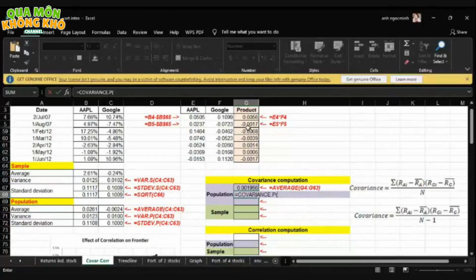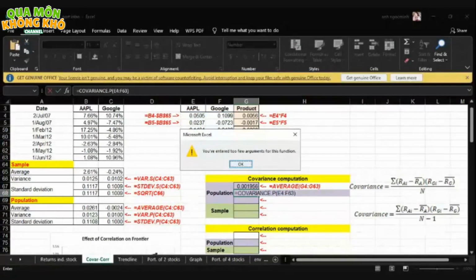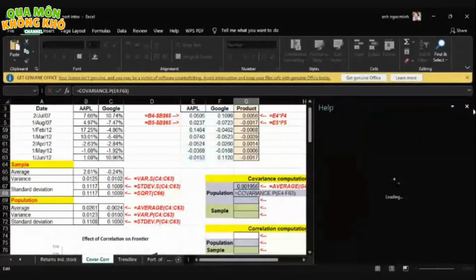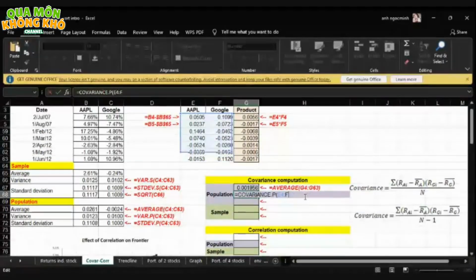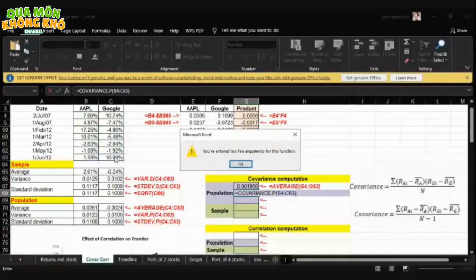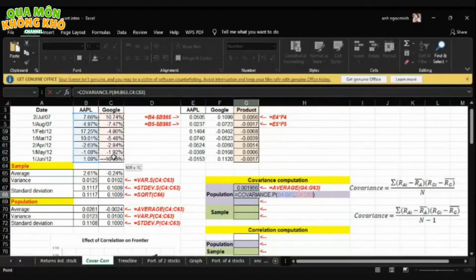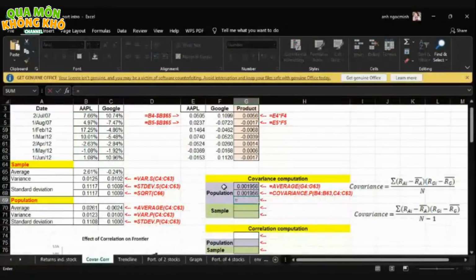Covariance population. Next, we use the COVARIANCE.S function.